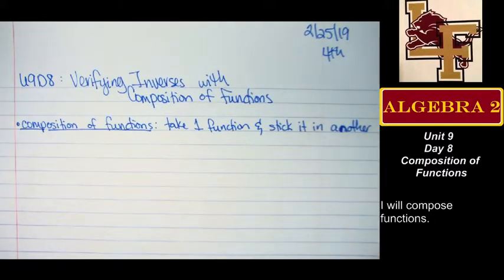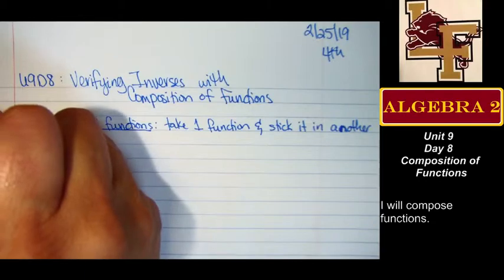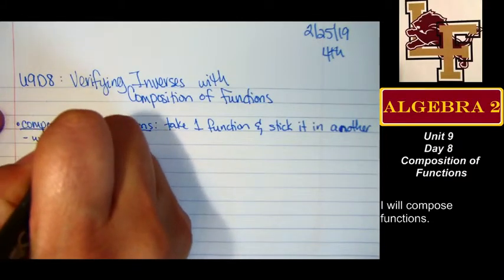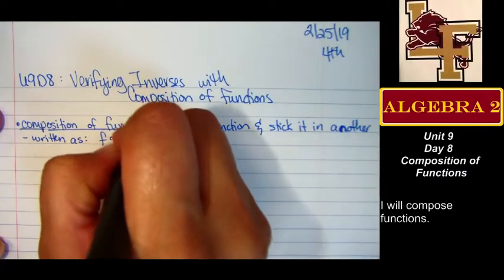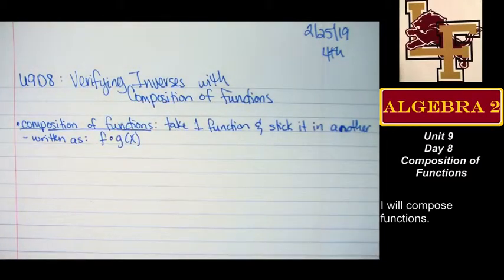It takes one function and shoves it into the other one. That's all it does. It's written this way: f, little circle, g, parentheses x. That's how it's written, okay?